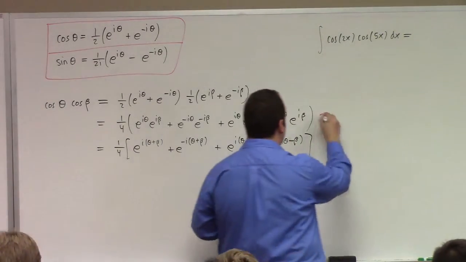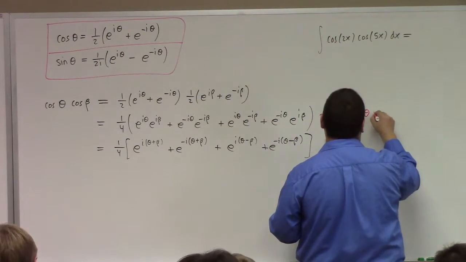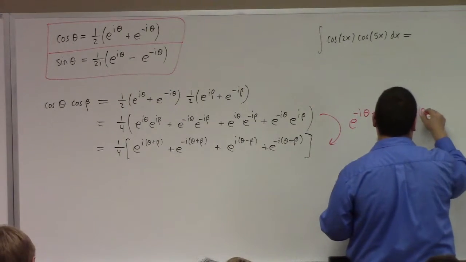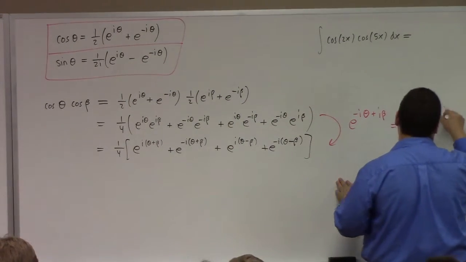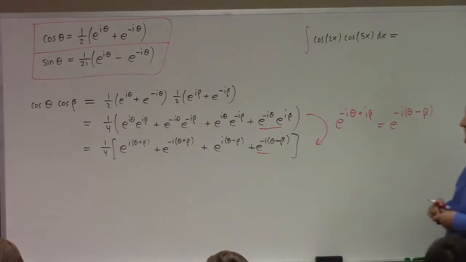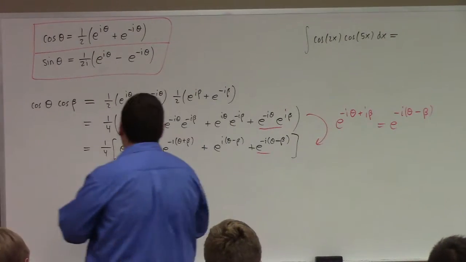Let me be a little bit more explicit here. It's like e to the minus i theta plus i beta is e to the minus i times theta minus beta, okay? That's what I did there to get from this guy to that guy. I think the other ones are pretty clear. So then, what you do is just a matter of identification, right?